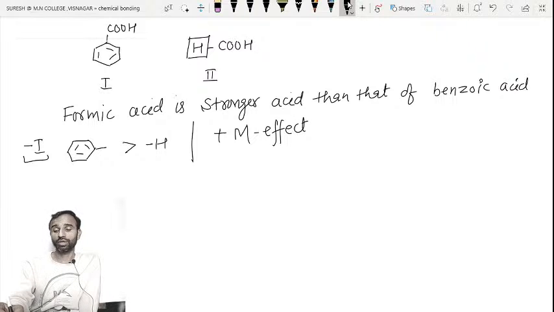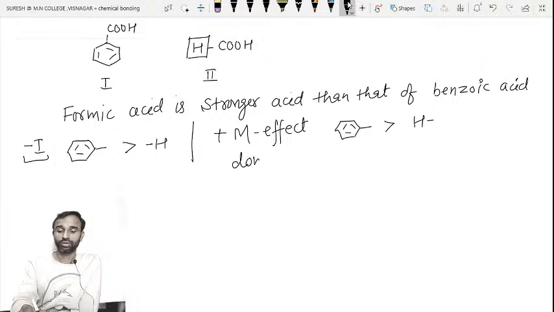So the plus M effect of the phenyl ring is greater than hydrogen, and this plus M effect is dominating.